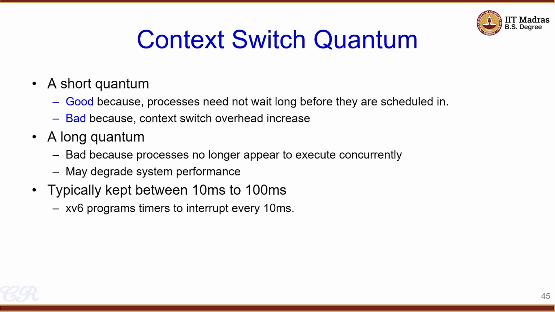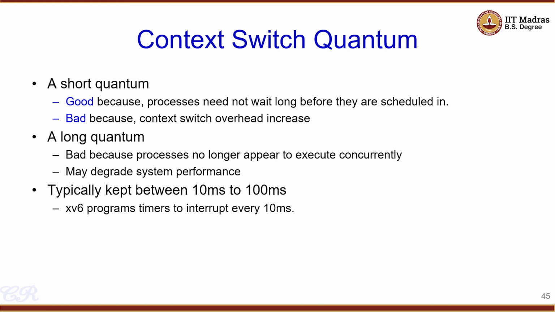But the negative aspect of a short quantum or short time slice is the fact that there would be a tremendous amount of overhead due to the context switching time, right? As we discussed in the previous slide, context switching has its own overheads, and if you do the context switching too often, these overheads accumulate, giving a lot of performance overhead.